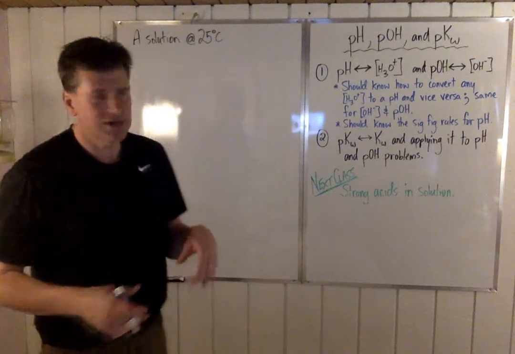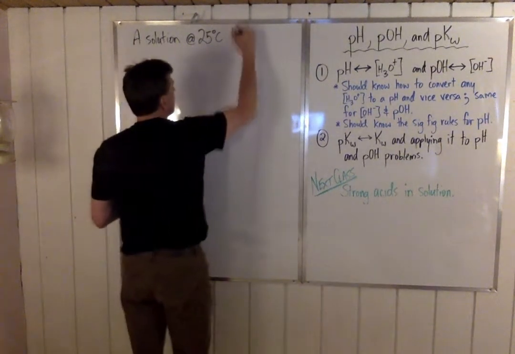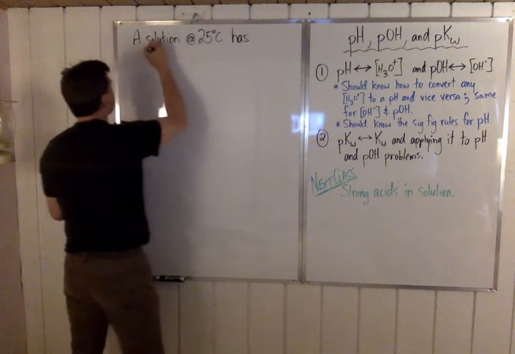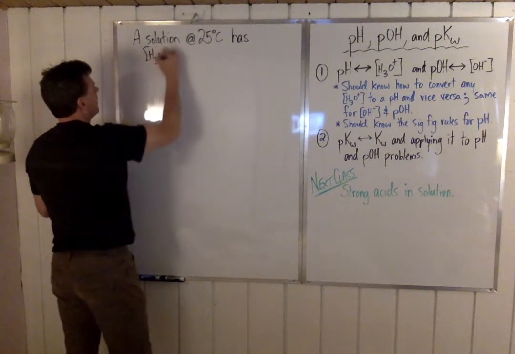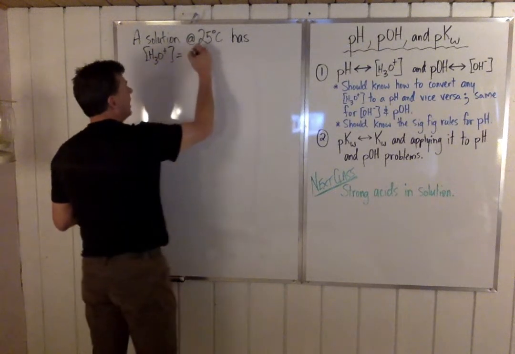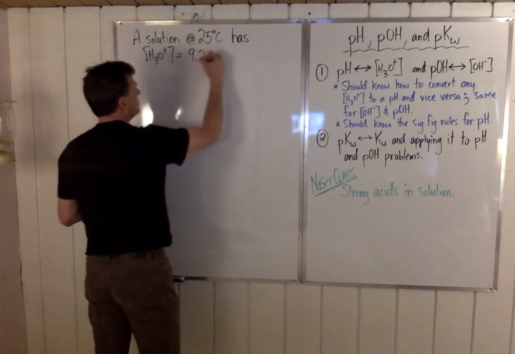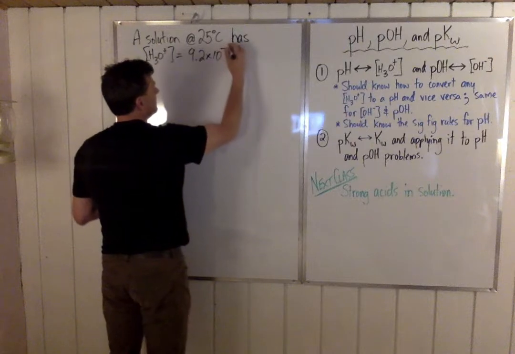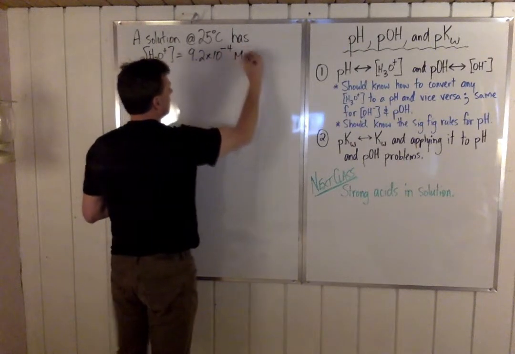So a solution at 25 degrees Celsius has a hydronium concentration equal to, let's go with 9.2 times 10 to the negative 4 molar.